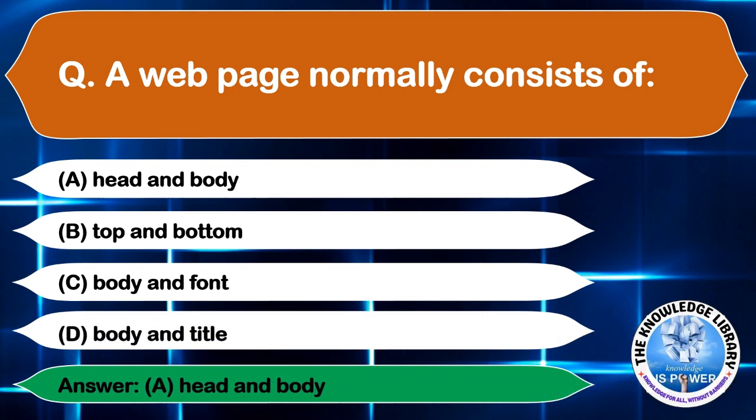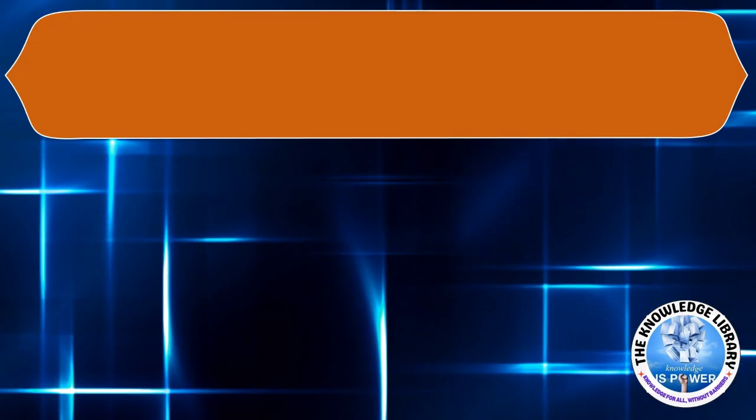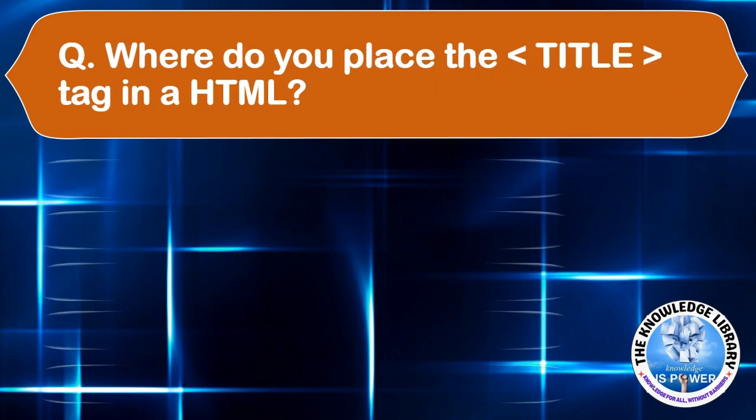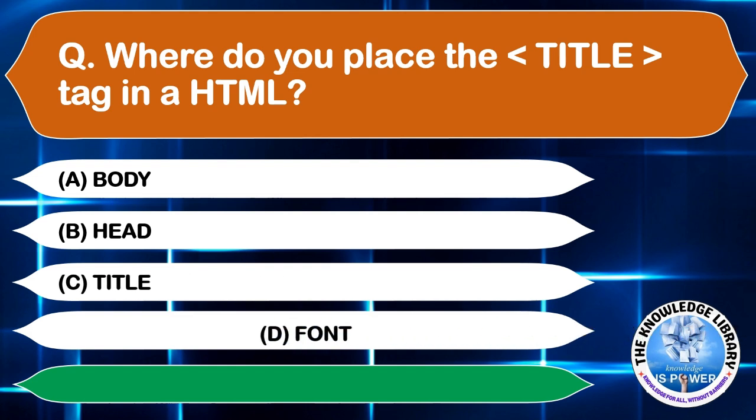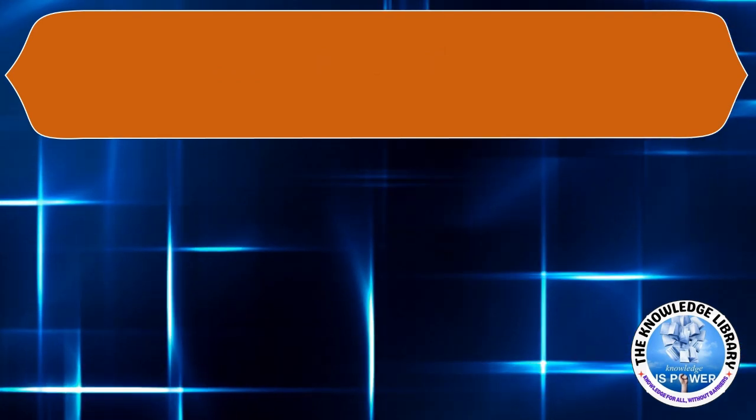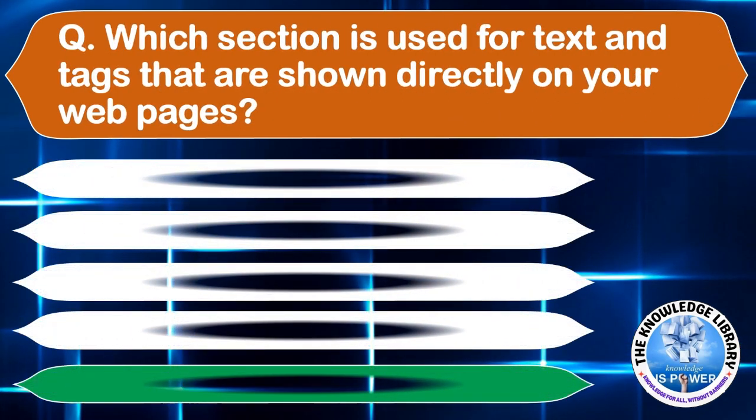Option B, top and bottom. Option C, body and font. Option D, body and title. The correct answer is option A, head and body. The next question is, where do you place the title tag in HTML? Option A, body. Option B, head. Option C, title. Option D, font. The correct answer is option B, head.